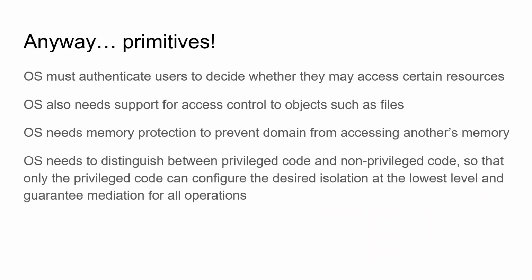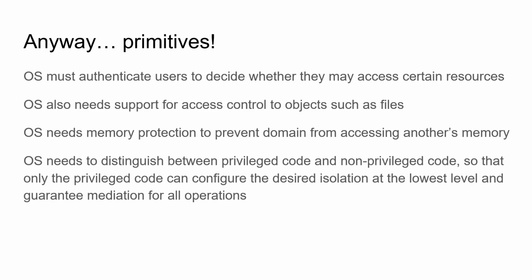The primitives that we require for this isolation and mediation are manifold. We must be able to authenticate users. Otherwise, how can we determine whether or not you should have access? We have to support access control, so there has to be a mechanism, a primitive, for doing this.